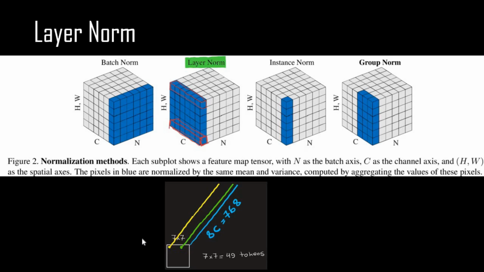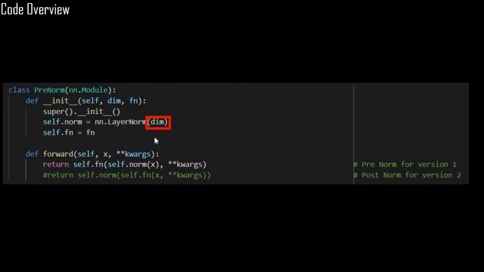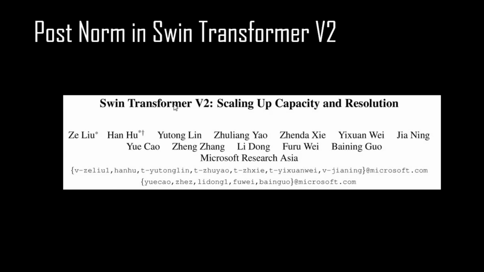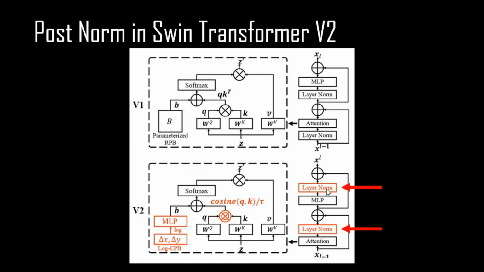Okay. And in the code, we showed that for doing that, inside this layer norm is going to be the dimensions that we have. And also in version 2, they showed that if they put the layer norms after the blocks, it is better. Why? Let's say in version 1, my input comes in, it gets normalized, it gets an attention, and attention provides a large value. So the large value comes here, it skips from here, and then propagates over the layers.